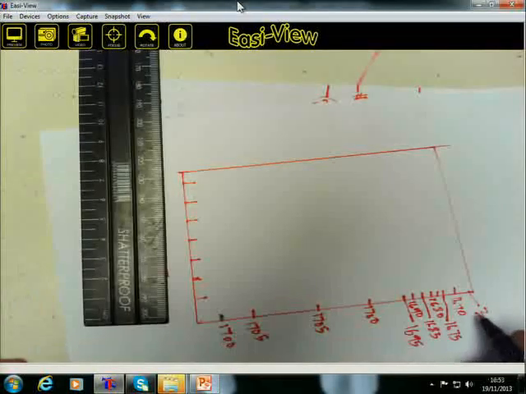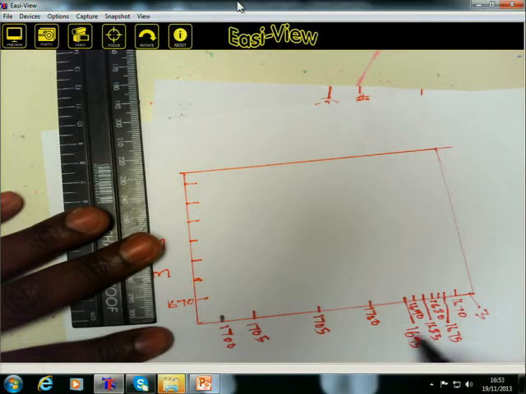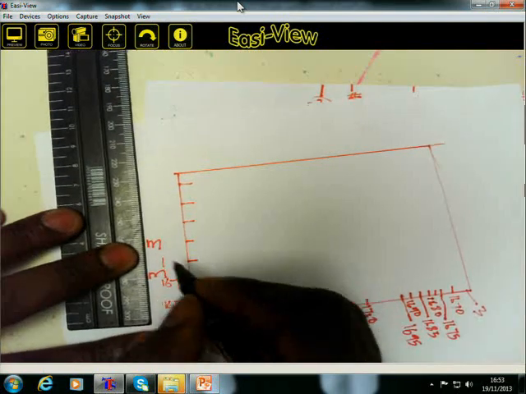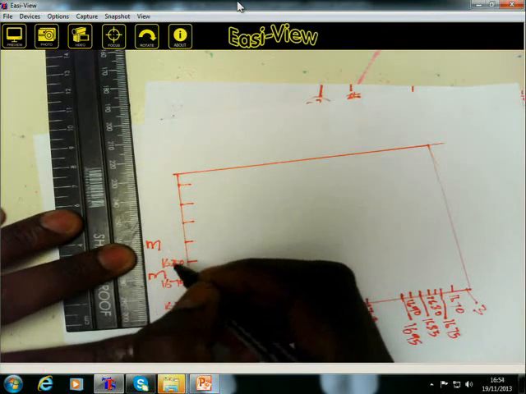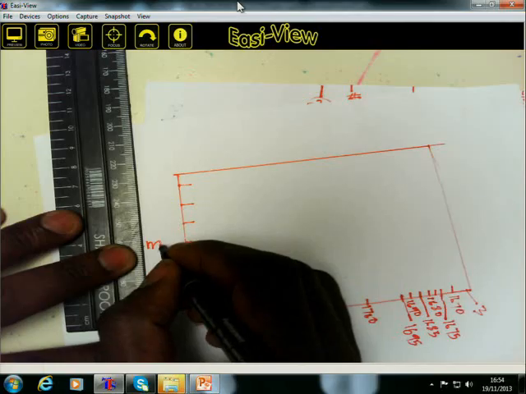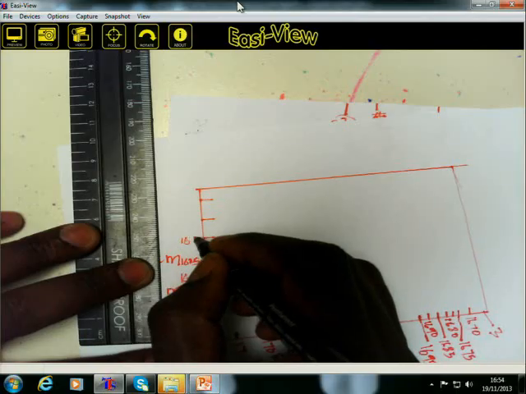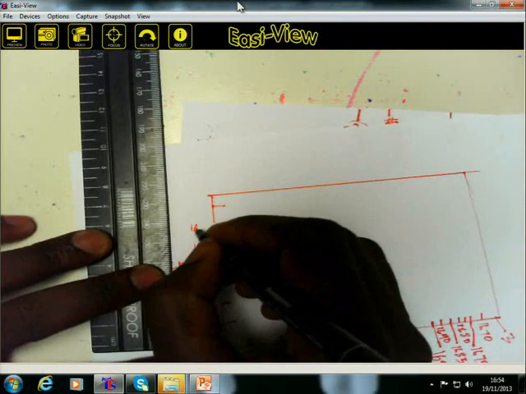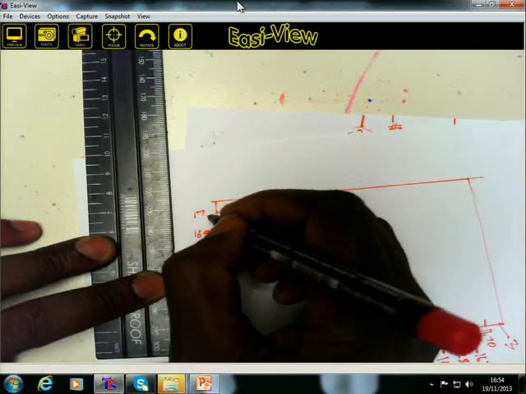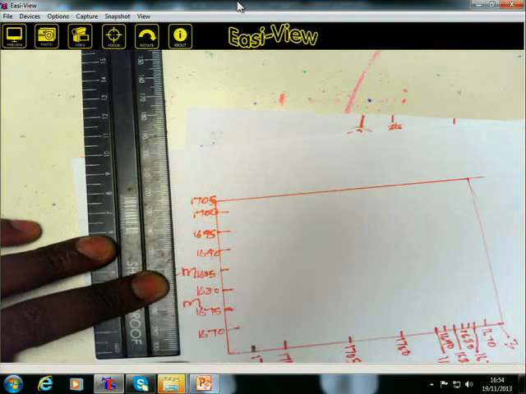Then the lowest here is 1670. The highest: 1675, 1680, 1685, 1690, 1695, 1700, and then 1705 will be the last one.